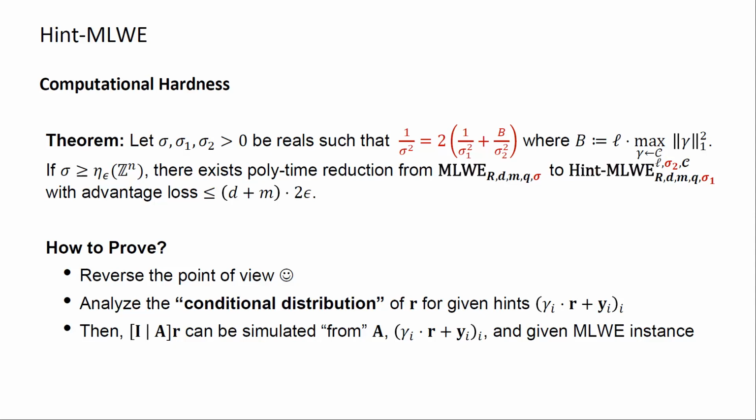Yeah. Okay. So actually for the concrete security, because we have a reduction, the concrete security of the hint MLWE just relies on the concrete security of the underlying standard MLWE. So we can just measure the concrete security from all the parameters and the sigma.